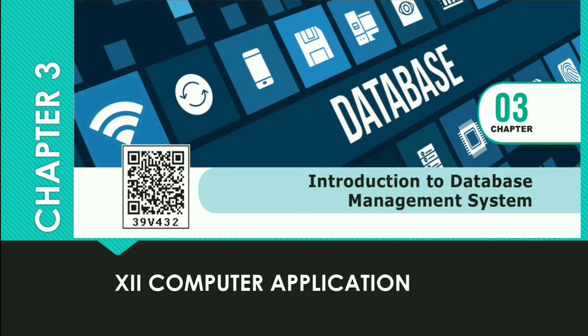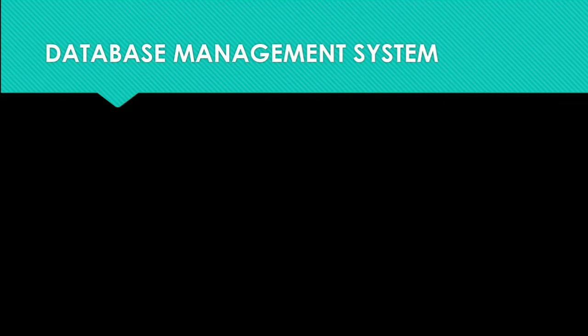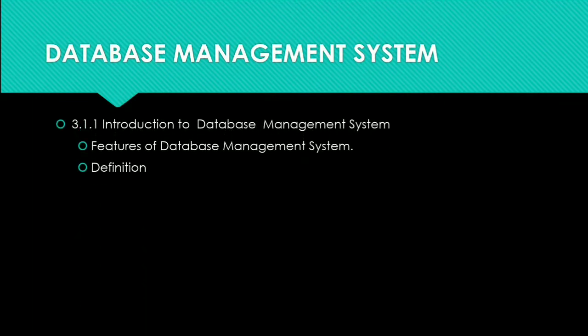Introduction to database management system. In this chapter we are going to learn a lot of things based on database management system, and this video will be very short and just an introduction.